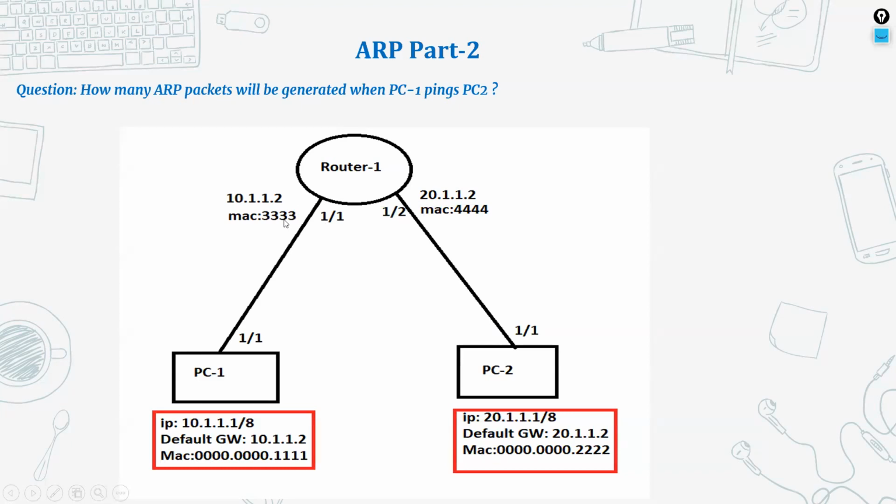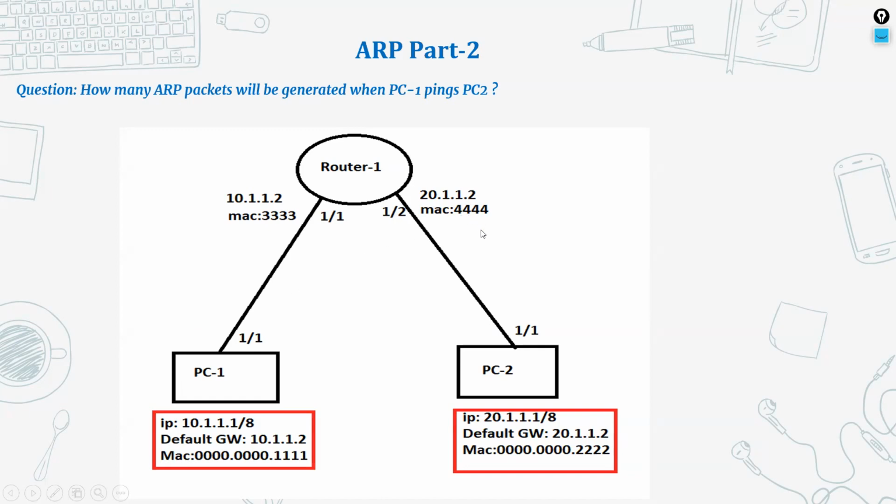The MAC address of interface 1/1 of R1 is 3333. The MAC address of interface 1/2 of R1 is 4444. The IP address of router 1 interface 1/1, as you can see, is 10.1.1.2, which is also the gateway for PC1.